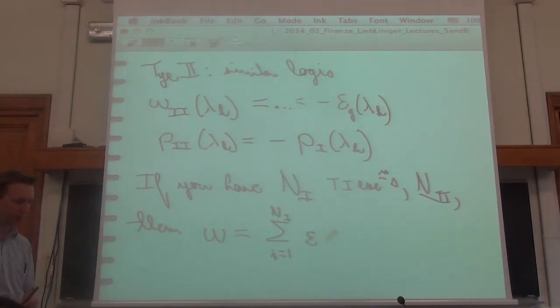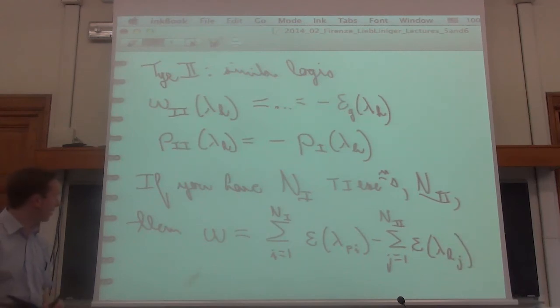So the summation of epsilon of lambda, call it particle I, minus the summation over the hole contributions. Okay, and the same thing with the momentum.